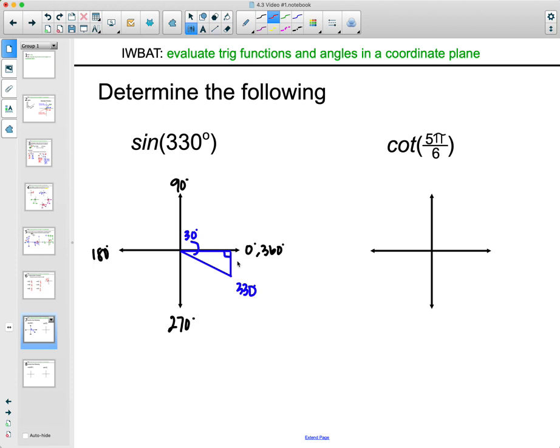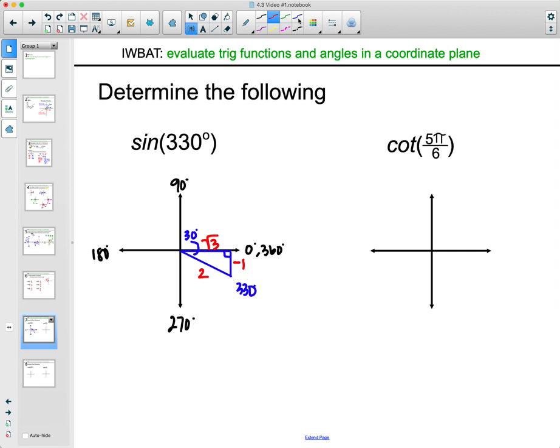Across from the 30 is a 1, in this case a -1 because it's down. Across from this 60 degrees is a square root 3, and the radius is 2. So this is a positive x, negative y. So positive square root 3, -1.